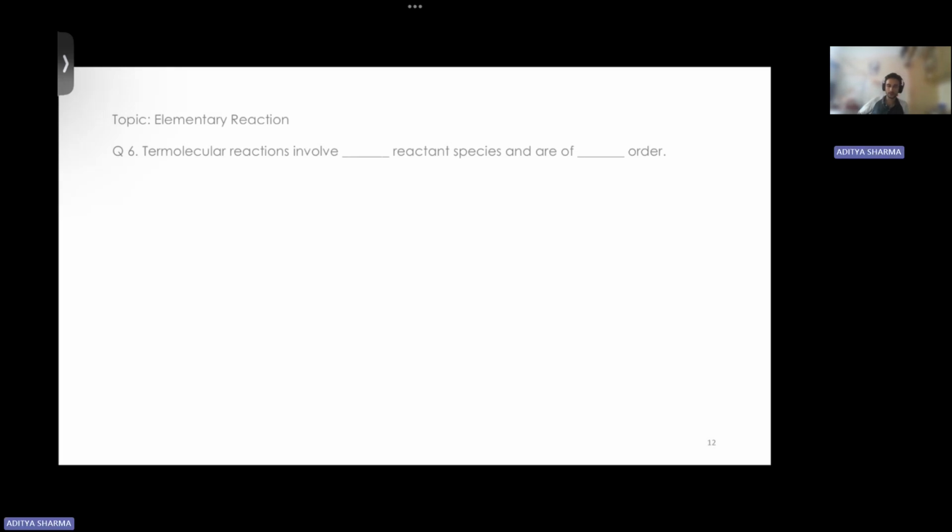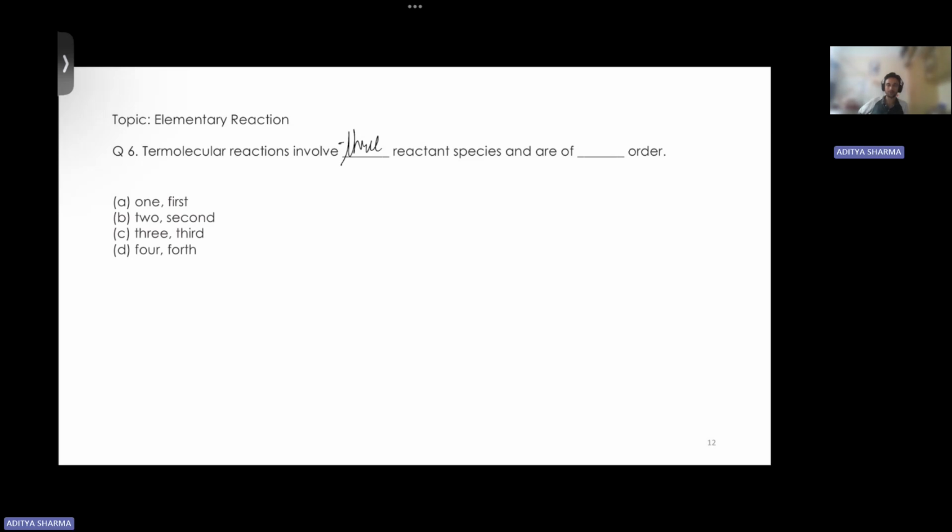Then moving on to the next question, that is question number 6. The question is on elementary reaction. So I've just mentioned that the termolecular reactions involve three reactant species.